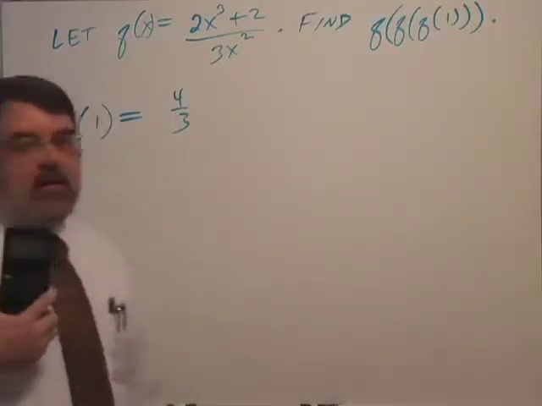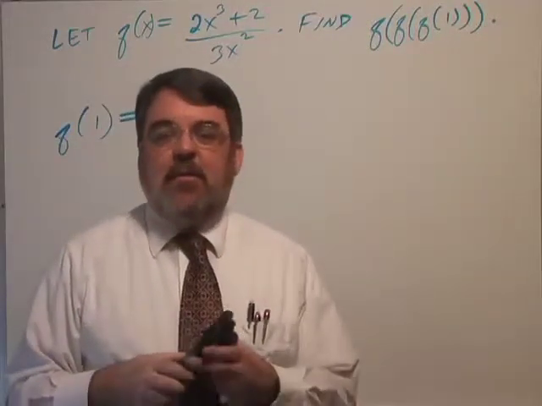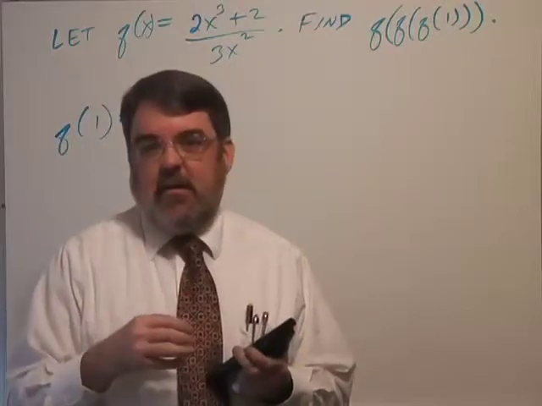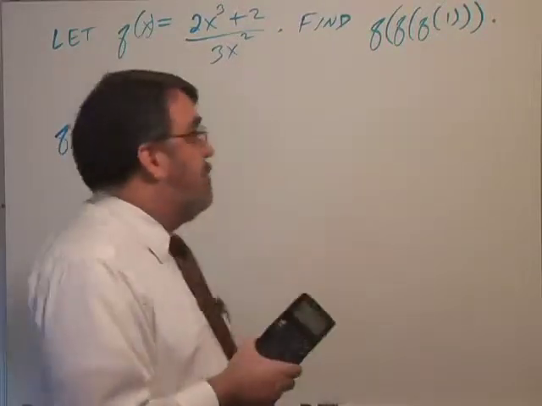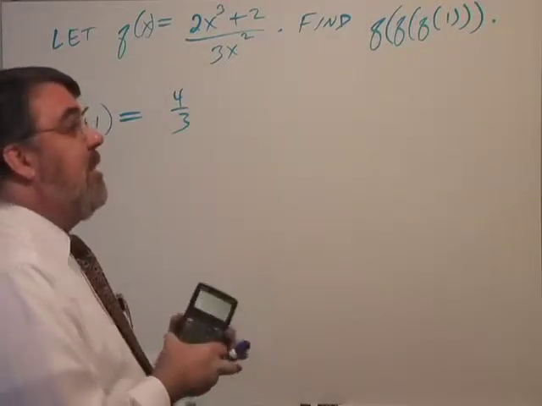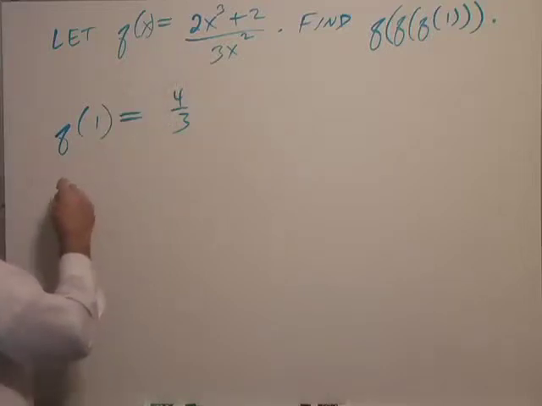If you have a graphing calculator, you can learn how to do this if it's interesting to you. You could also use the memory and recall buttons on a scientific calculator to do the same thing. Once I have that number, I can plug that into my function pretty easily.